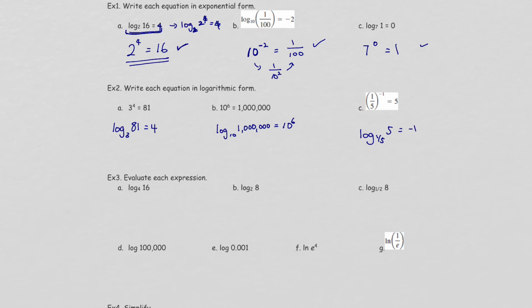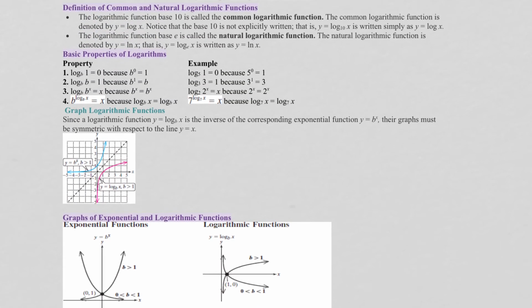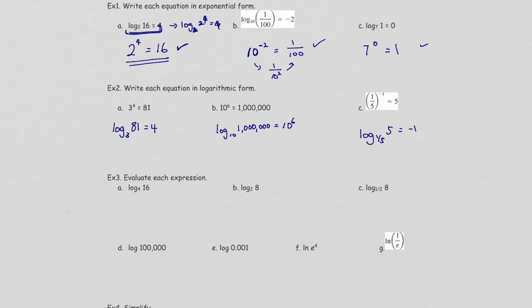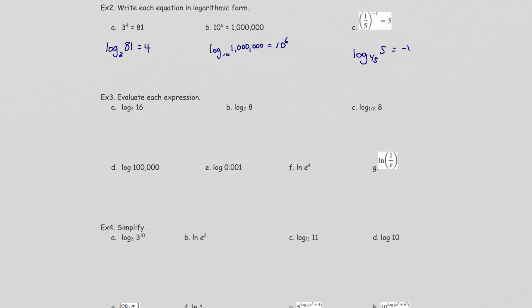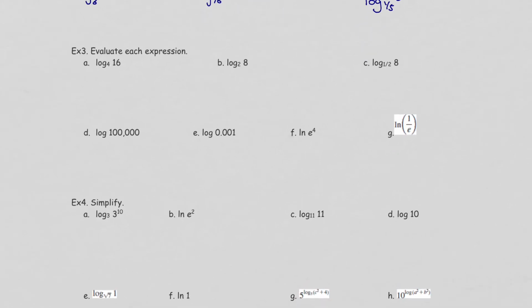Okay, next example is evaluating. So we're going to remember some of those properties from the other page. We're going to use this property to see if we'll be able to answer most of the questions from example 3.